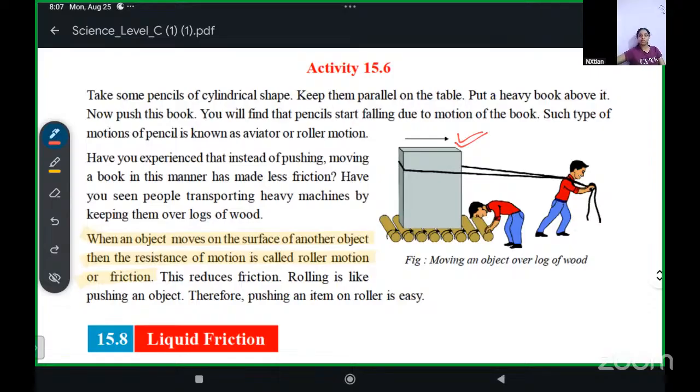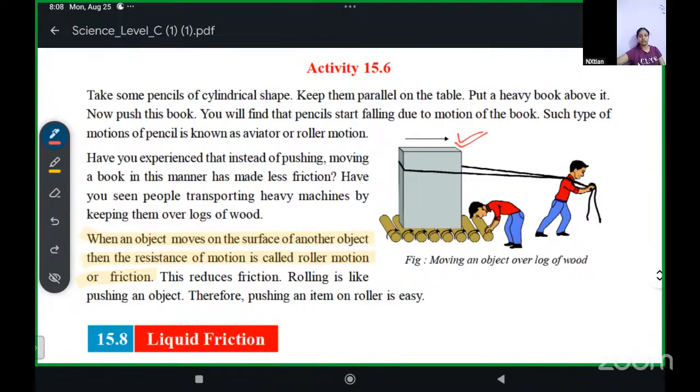When I have something rolling on an object, then it's called rolling motion or roller motion. But when I'm just pushing something, shouldn't the resistance be called friction?